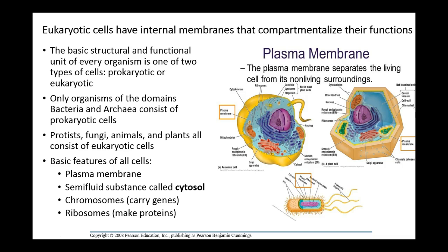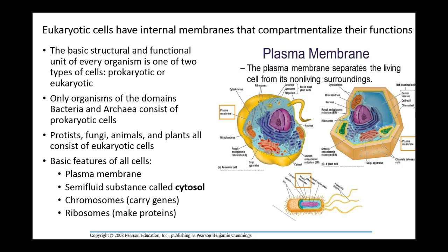And only organisms of the domain bacteria and archaea consist of prokaryotic cells. And that tends to become a question to ask on quizzes or tests. Protists, fungi, animal cells, and plants all consist of eukaryotic cells. So the organization, you have two basic types of cells, eukaryotic and prokaryotic.